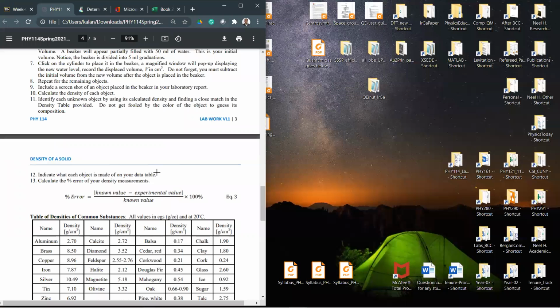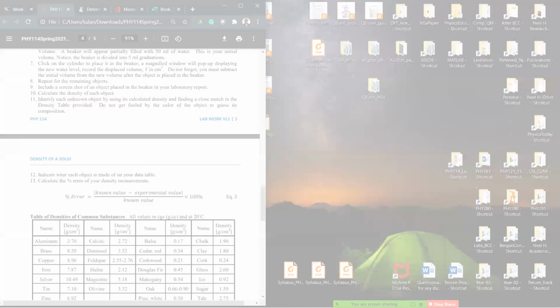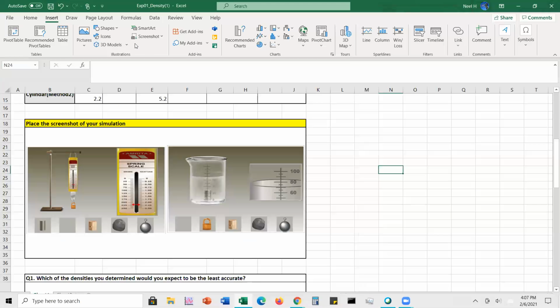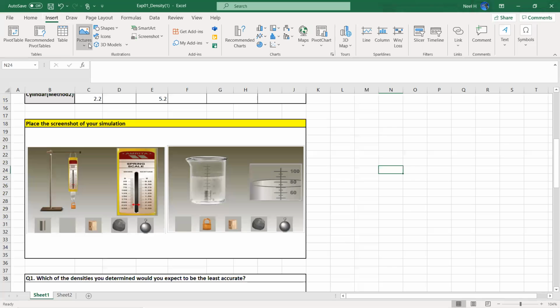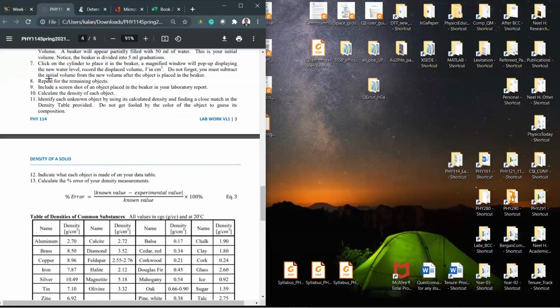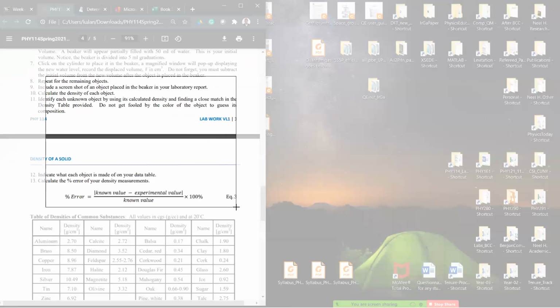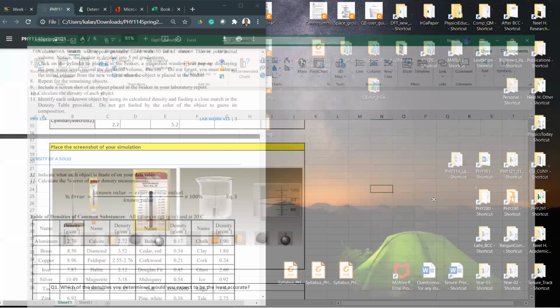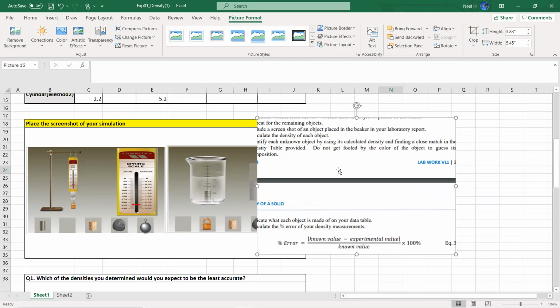I have to save the picture first. You go to Insert, Pictures, a little bit to the right, click on Screenshot. After you click the screenshot, click on Screen Clipping. Then you select, highlight wherever you want the screenshot, okay? Then that should appear on your Excel page. That's it.